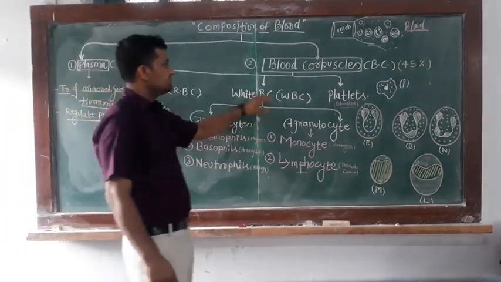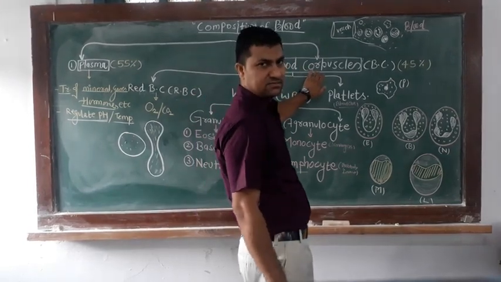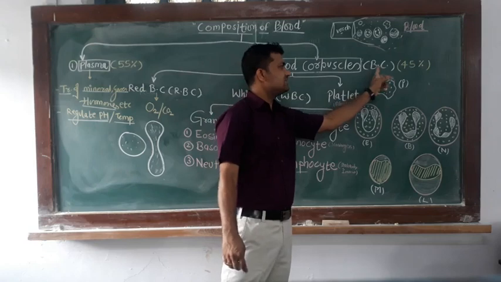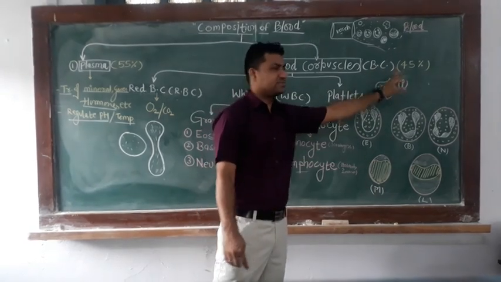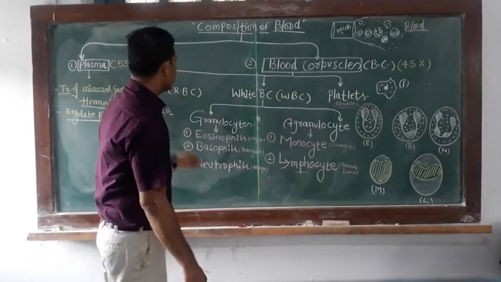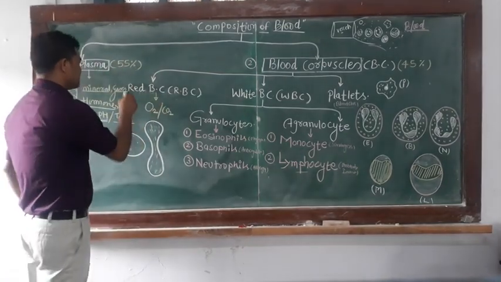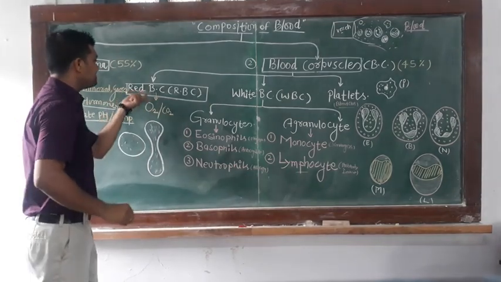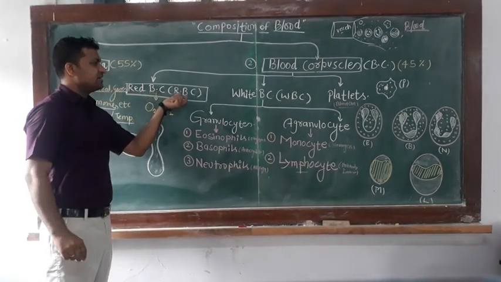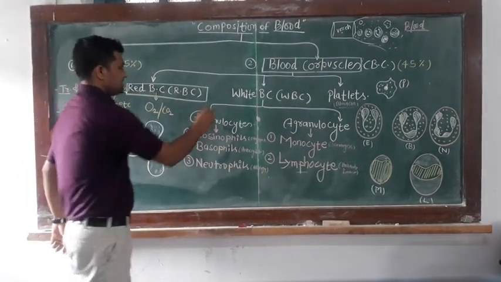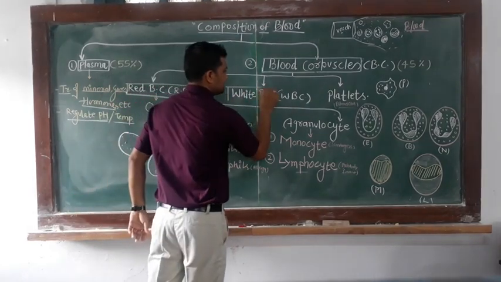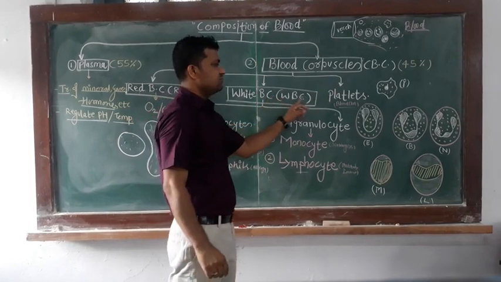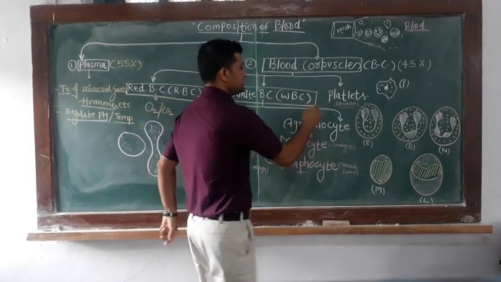Number two part, blood capsules, in short BC. We have three major blood capsules. Number one, red blood capsules, RBC. Second, white blood capsules, WBC. And third, platelets.